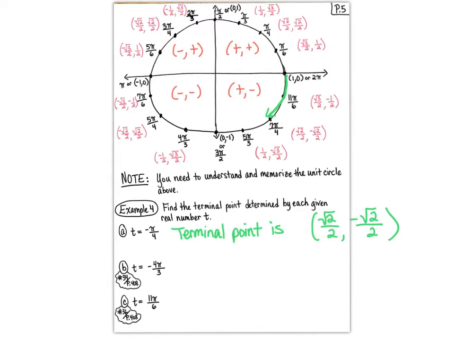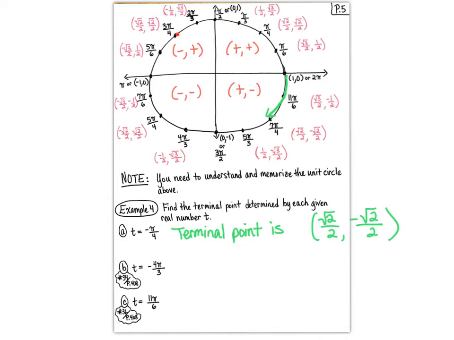So for part B, we have t is equal to negative 4 pi over 3. Negative 4 pi over 3 is coterminal with, or the same angle as, what angle? Do we go clockwise or counterclockwise? Clockwise. Where do we stop? I heard 3 pi over 4 and I heard 2 pi over 3. How many say 3 pi over 4?